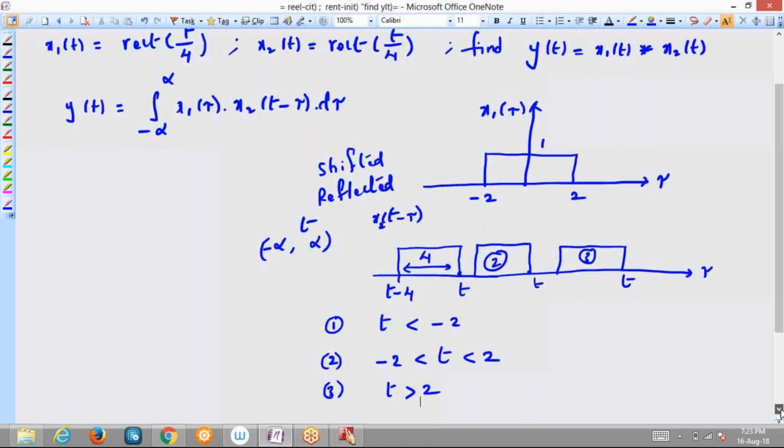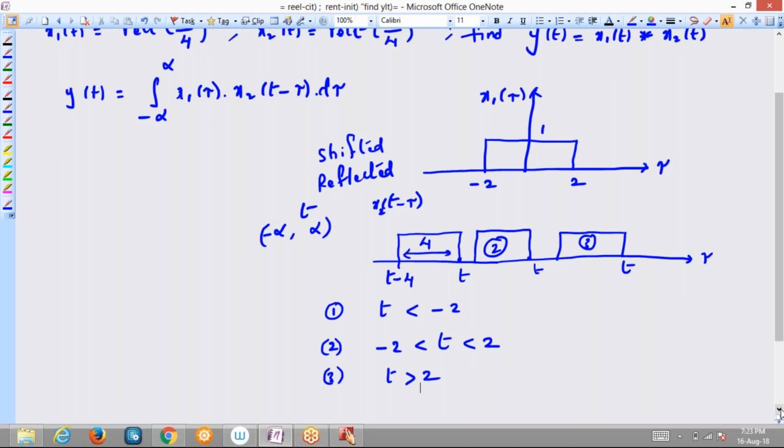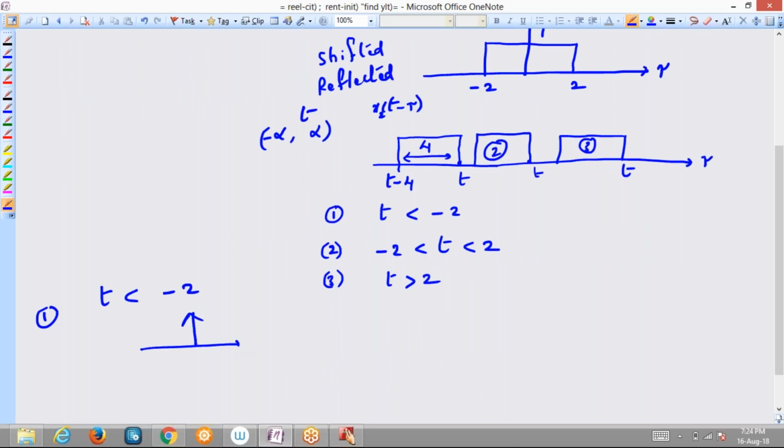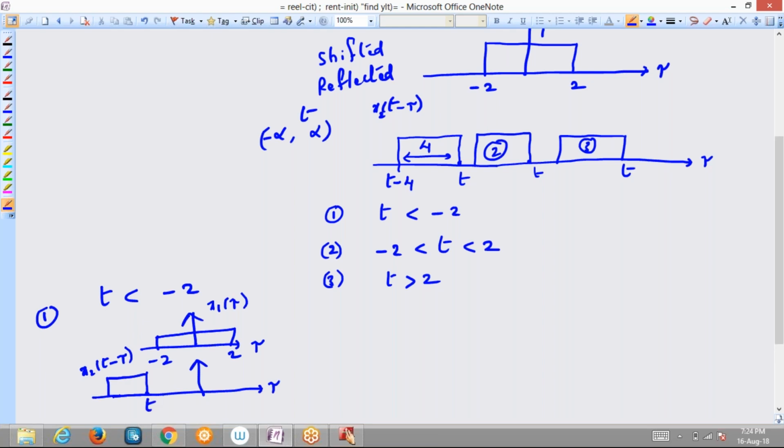So in the first case, when t value is less than minus 2, we have x1 of tau, the rectangle function from minus 2 to plus 2, and x2 of t minus tau, the pulse with the right edge t, which is less than minus 2.